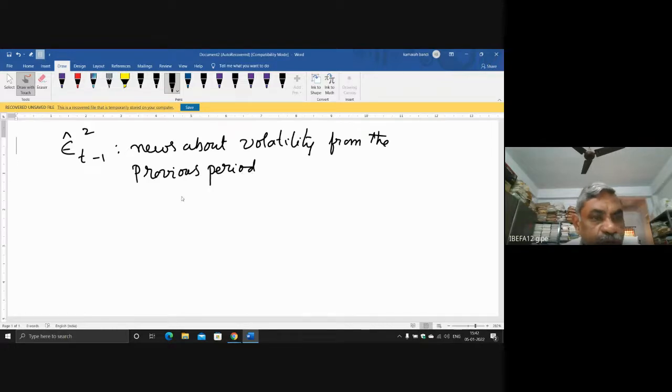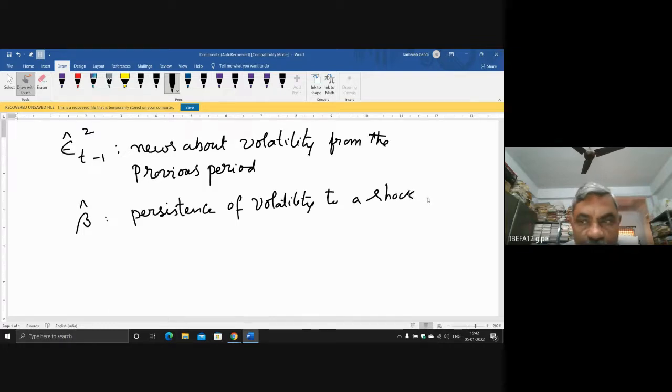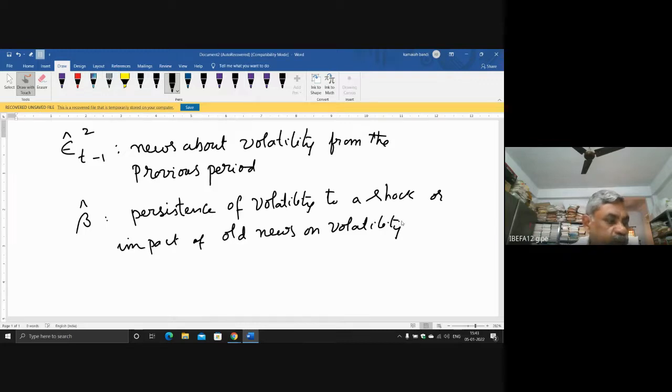Then beta measures persistence of volatility to a shock or impact of old news volatility.